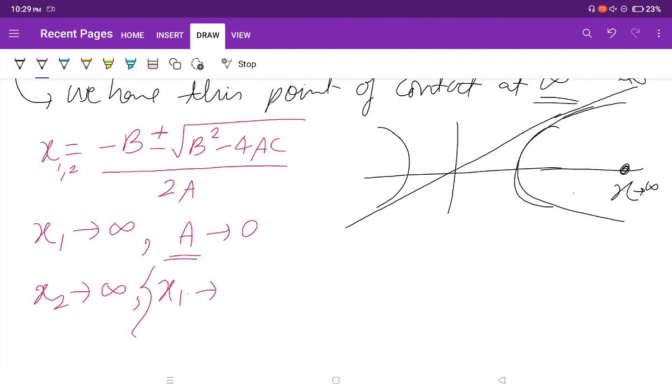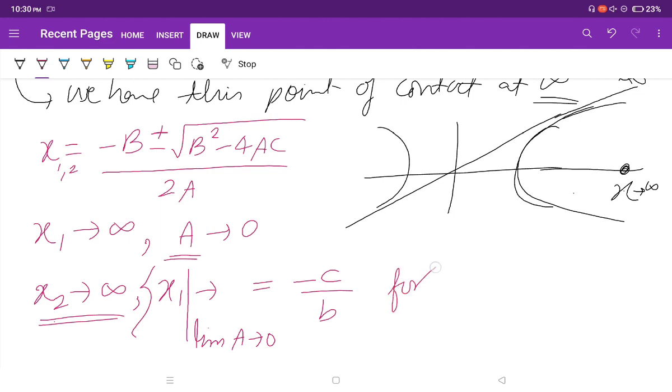So if you take x1 at the limit a approaching 0, you will get x1 as minus c over b.